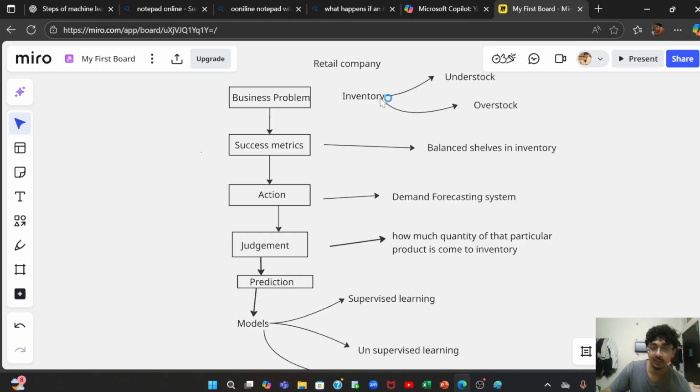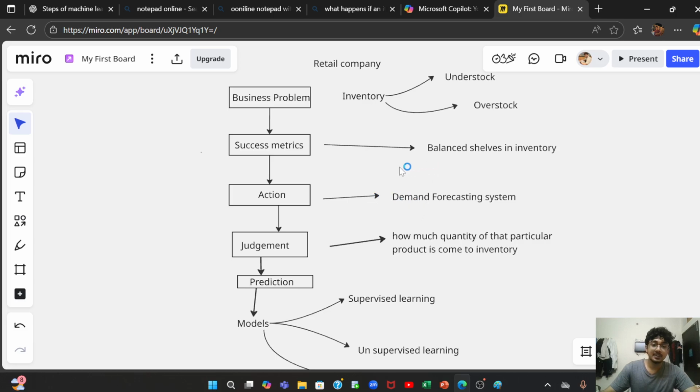They have an inventory problem in which some products are in understock and some products are in overstock, and we considered a success metric, which is balanced sales in the inventory. After that, the next step is the action. The action is that we need to build a demand forecasting system.